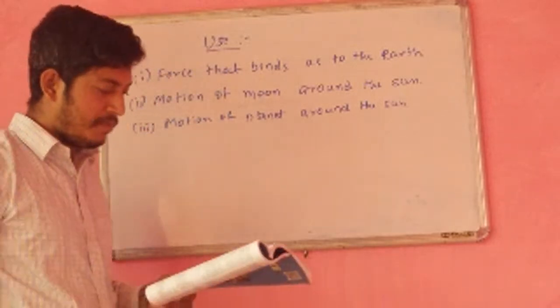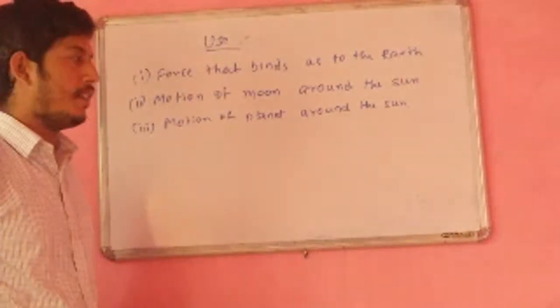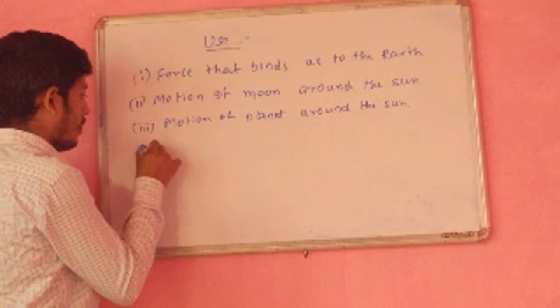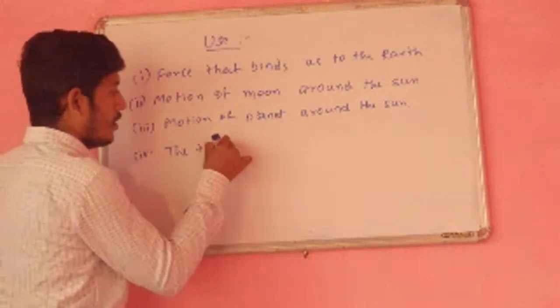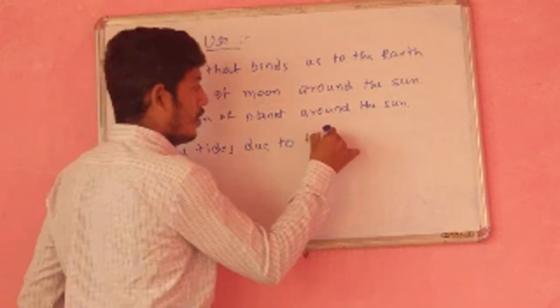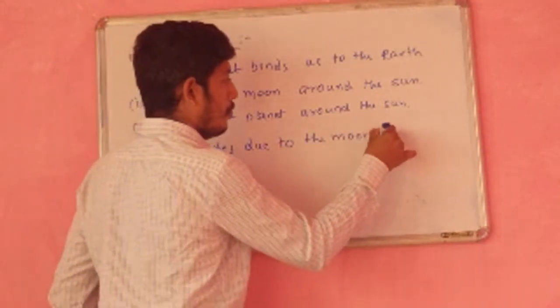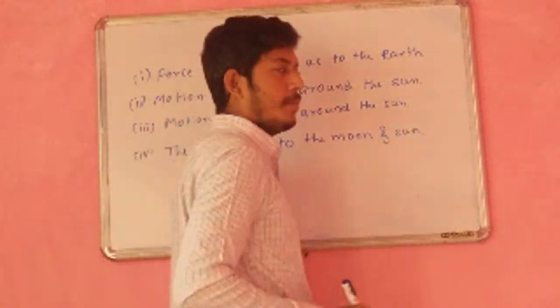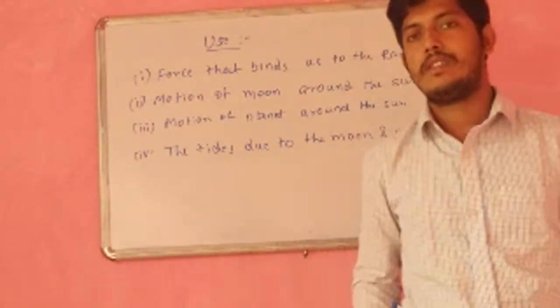And next one, the tides due to the moon and sun. In all these aspects, the universal law of gravitation helps.